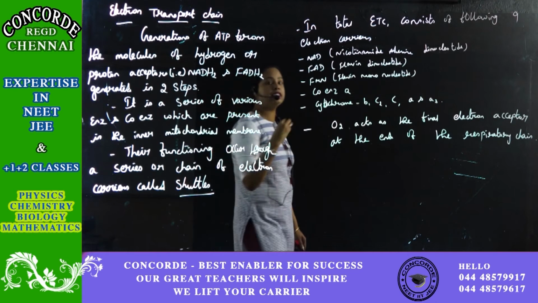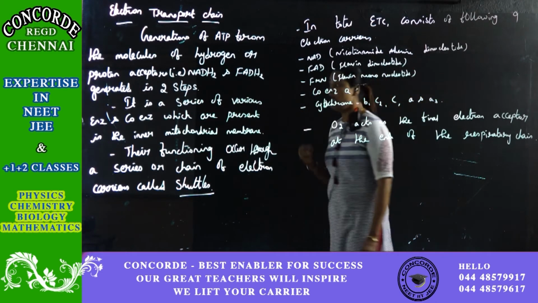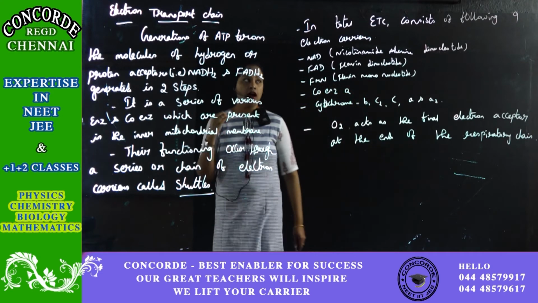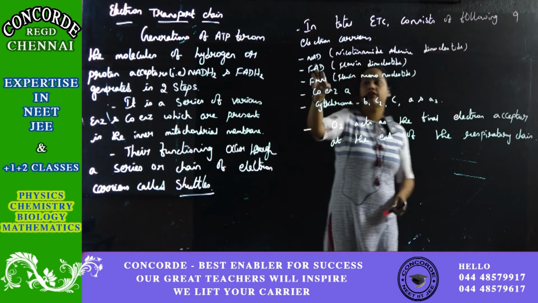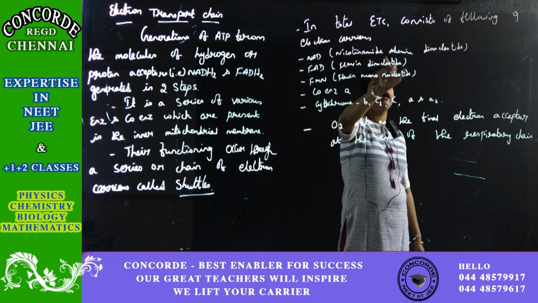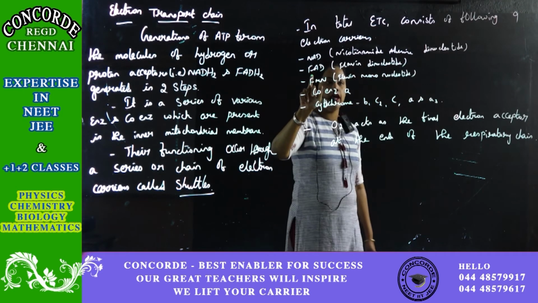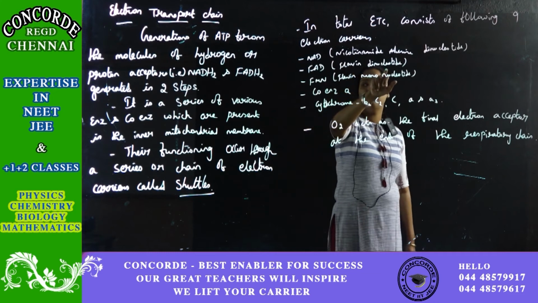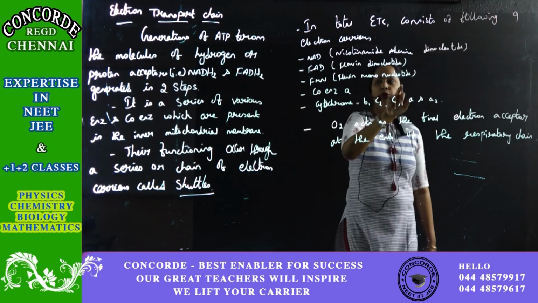If you take the electron carriers in the electron transport chain, there are nine electron carriers. The first one is NAD, that is nicotinamide adenine dinucleotide. Next is FAD, flavin adenine dinucleotide. FMN, flavin mononucleotide.